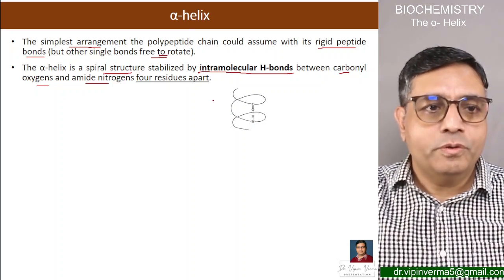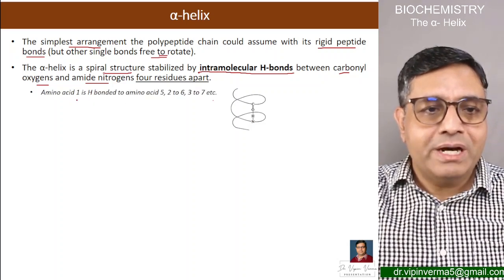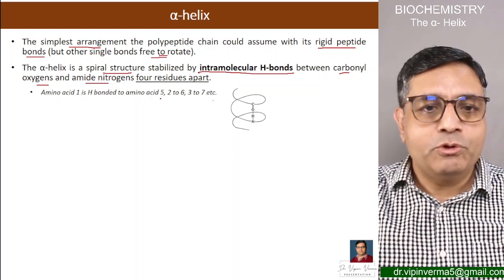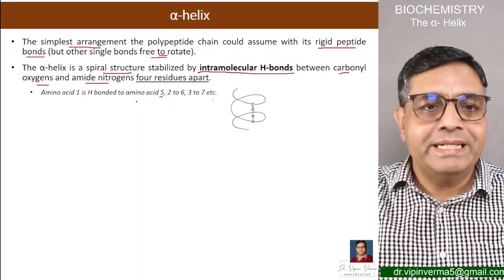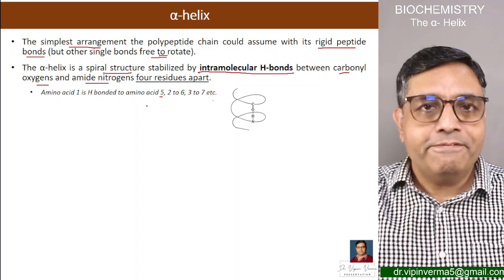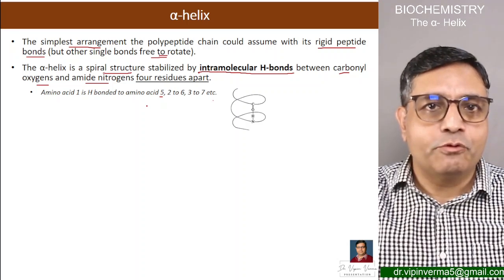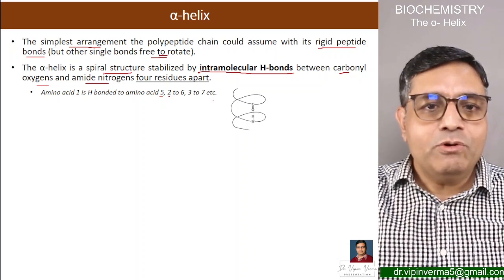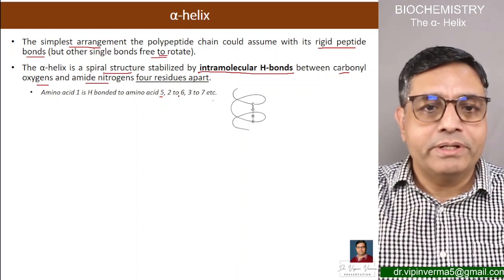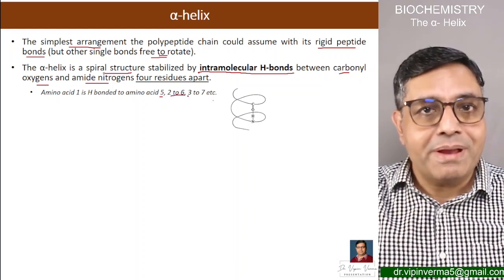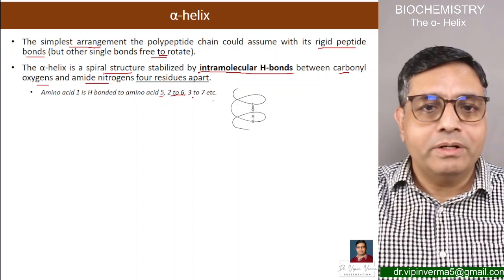Okay, so amino acid 1 is hydrogen bonded to amino acid 5, so basically it is n plus 4. If n is 1, n plus 4 is 5. Amino acid 2 is hydrogen bonded to 6, and in the same manner a hydrogen bond is formed between residue number 3 and 7.